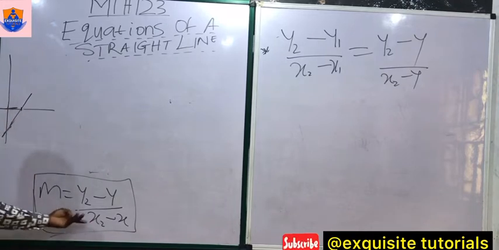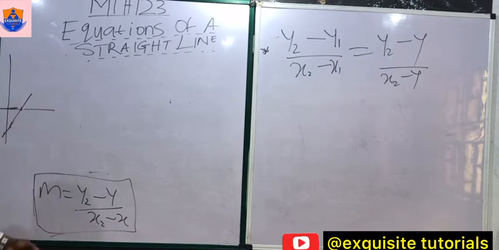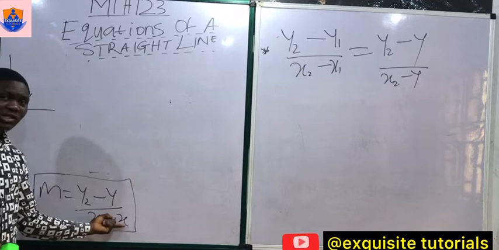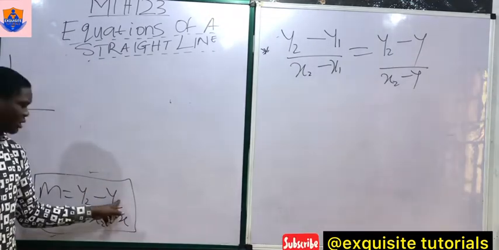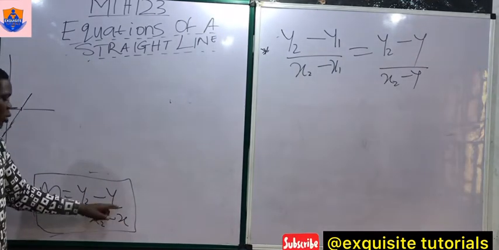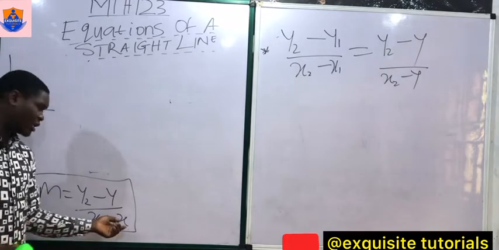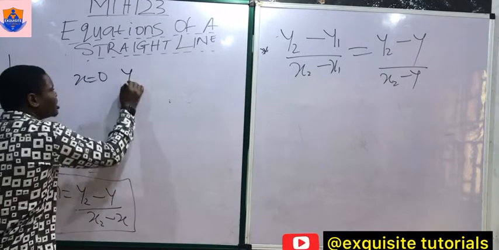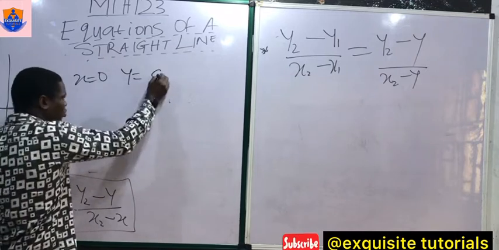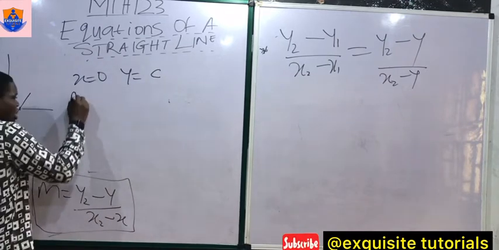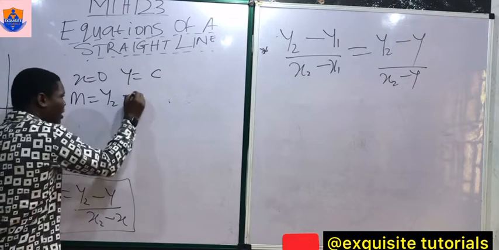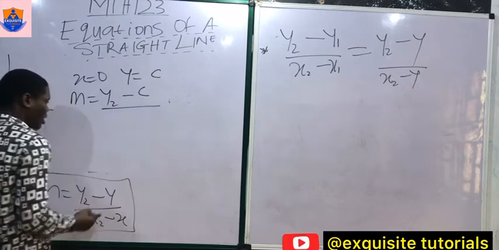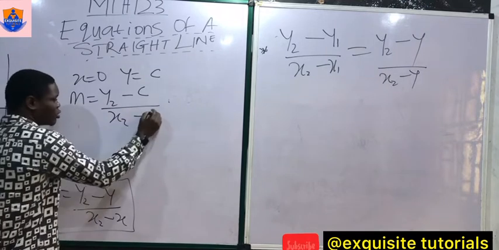Now if x is 0, we will get the intercept of y, and if y is 0, we'll get the intercept of x. So let's say x is 0, so the intercept of y, let's call that intercept of y c. So the gradient m will be y2 minus the intercept on the y axis, which is c, all over x2 minus 0.